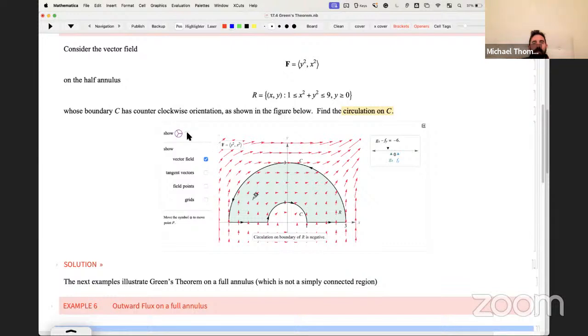Let's look at the vector... I'm sorry, guys, give me just a second. I gotta trap this dog in a room. I can't think right now. Give me about 2 minutes here. Sorry.